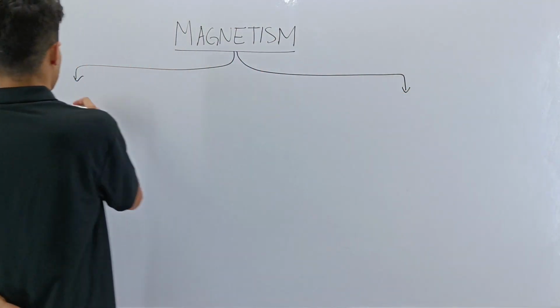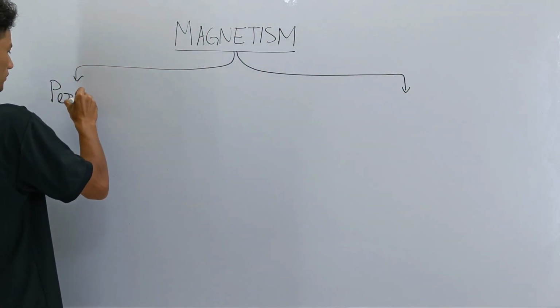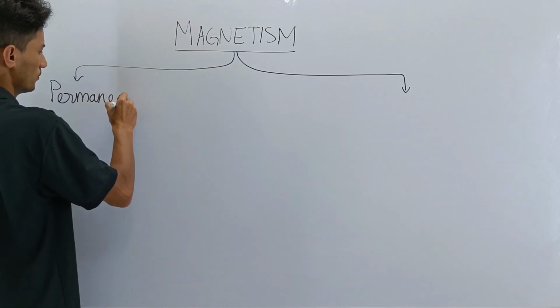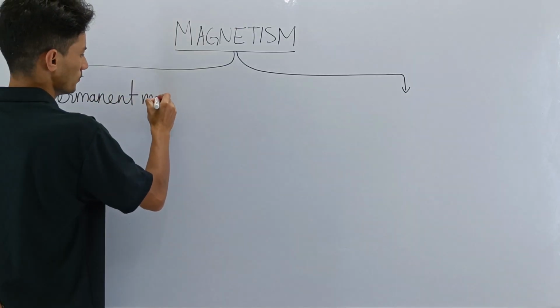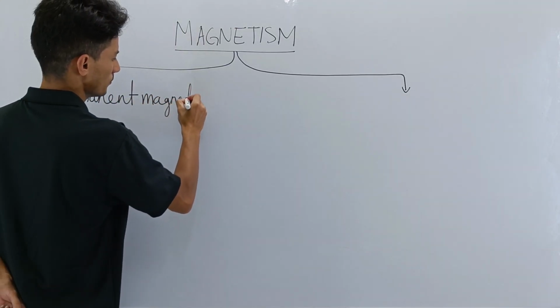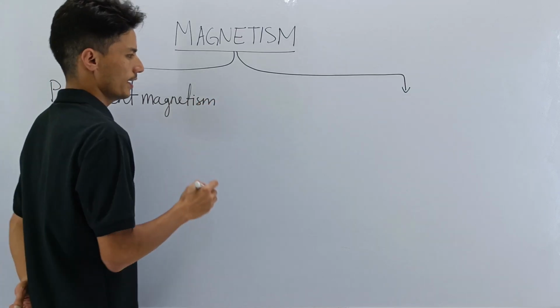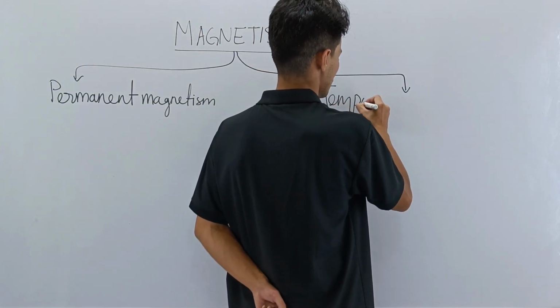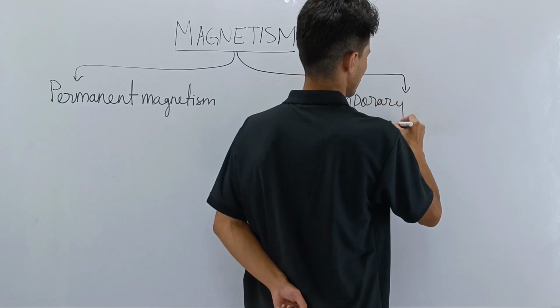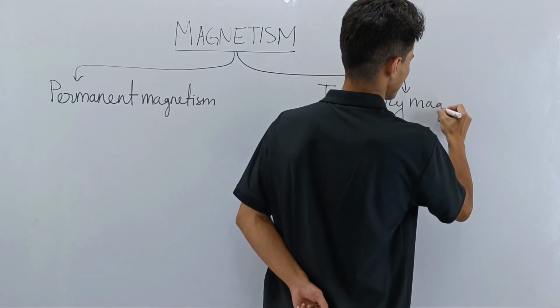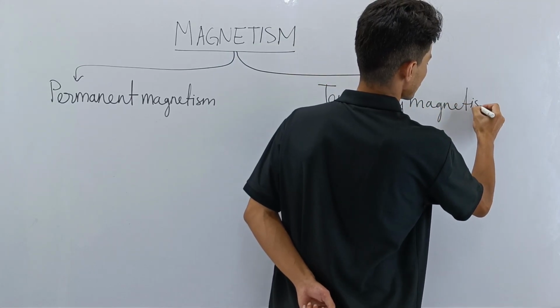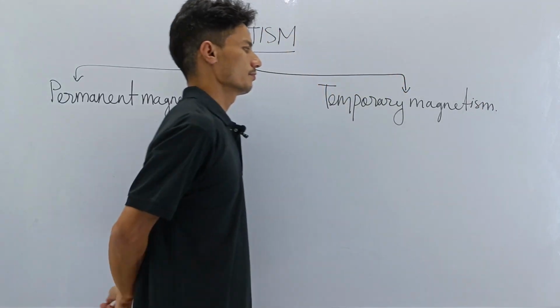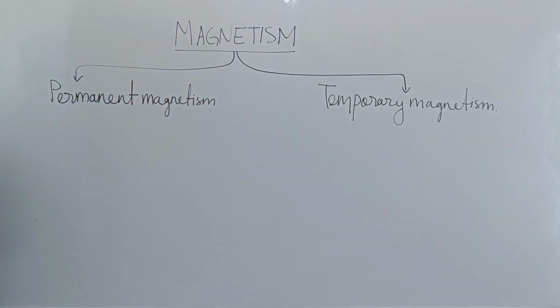We have permanent magnetism and we also have temporary magnetism. Now, what are these? Let us first start with permanent magnetism.